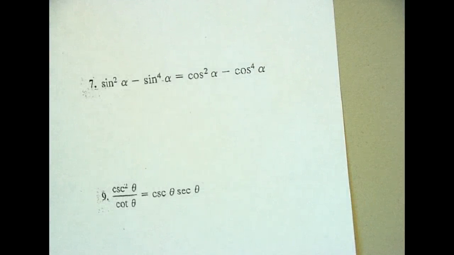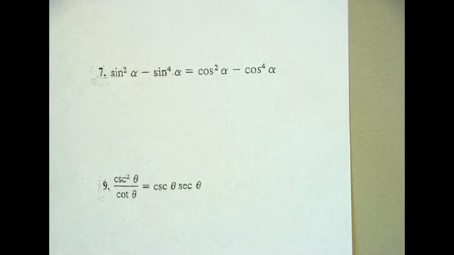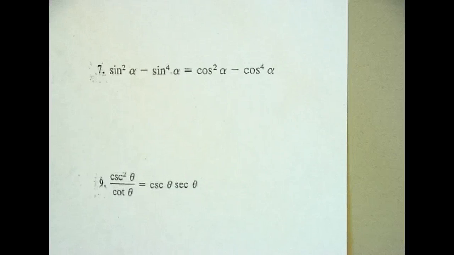Waiting for your attention. I know how to do 7. Okay? How many of you got it? I'm looking at my work from earlier. I did it in really 2 steps.